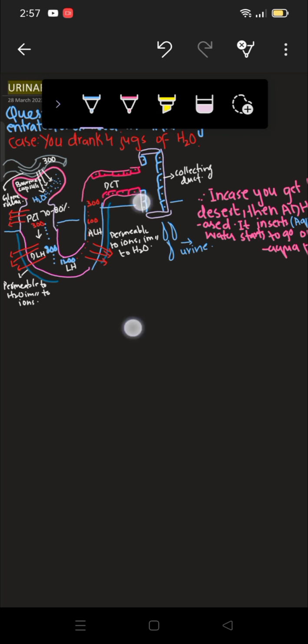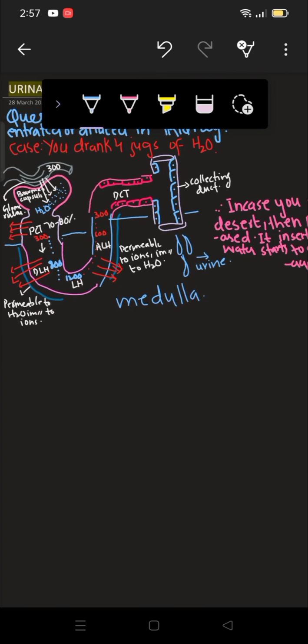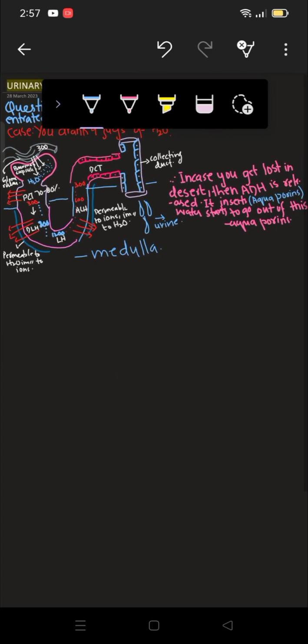Alright, so as you can see here, this is the medulla here. Sorry, let me tell you this thing. We have a loop of Henle that is in medulla, but the glomerulus, Bowman's capsule, PCT, DCT and collecting duct are situated in the cortex. Alright, we know what is cortical region of the kidney and what is medullary region of the kidney.